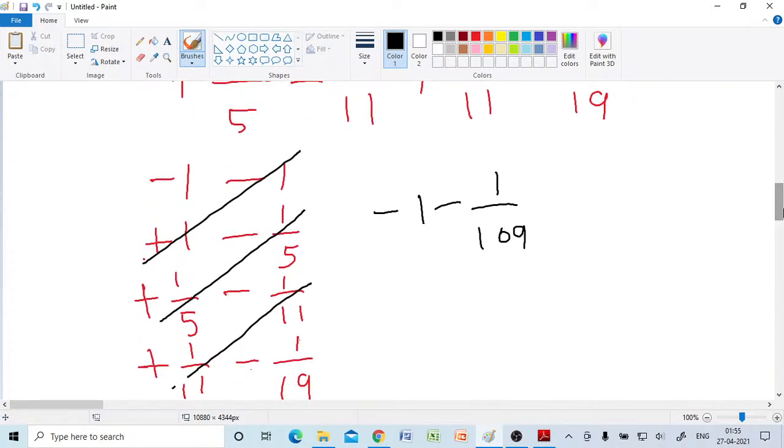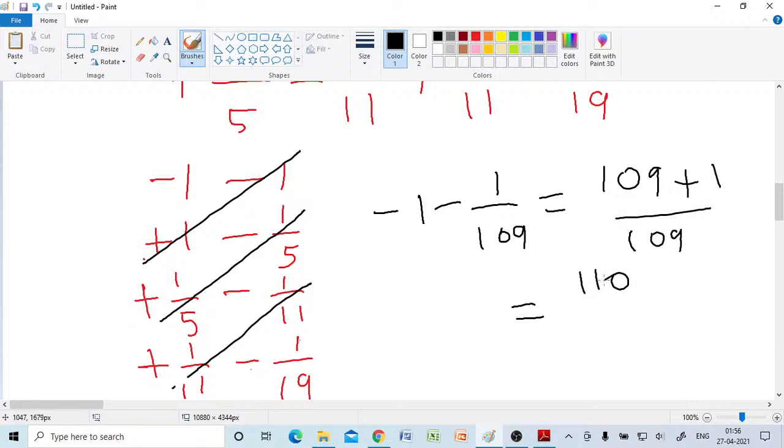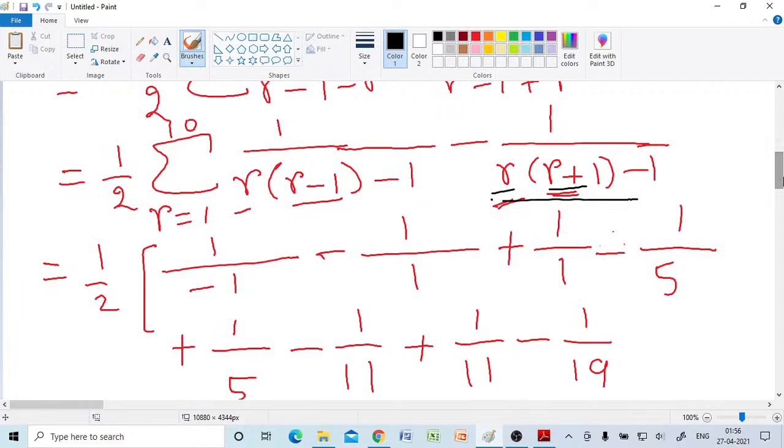So what is this basically? 109 plus 1 over 109, 110 over 109, and we have 1/2 over here. If you remember, we have 1/2 over here.